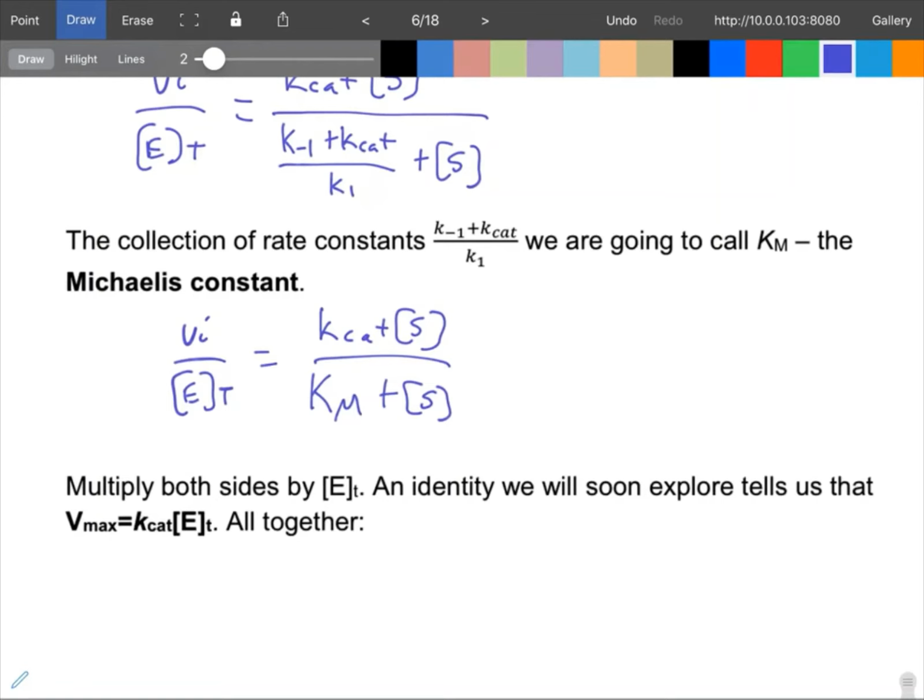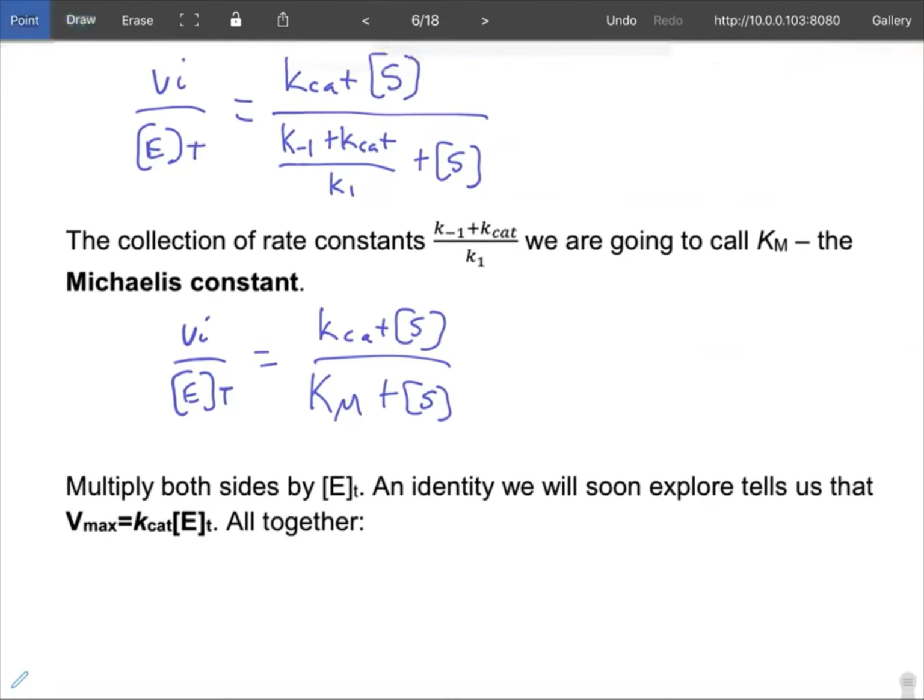Now that's good, but remember the point of this whole thing is that we want to be able to have things that we know. So we know how much enzyme goes in, we know how much substrate goes in, and we're going to measure the rate of the reaction. But we kind of have that over here with initial velocity, but really what would be better is if we could get rid of this total enzyme term. And so we can multiply both sides by enzyme total.